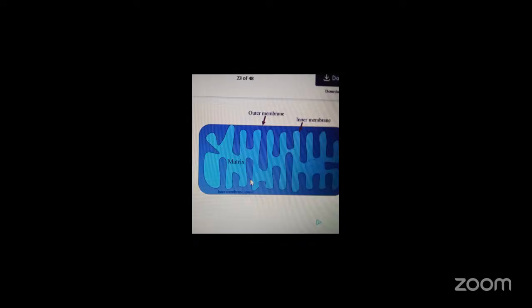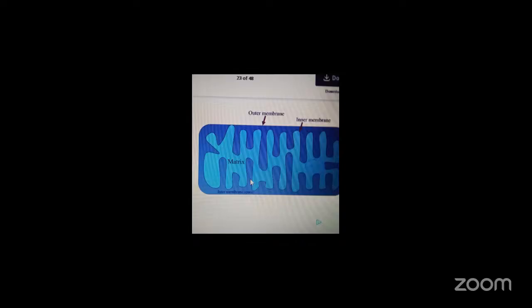Amyloplast is another one. See here, I am showing the diagram of the elements of chloroplast.